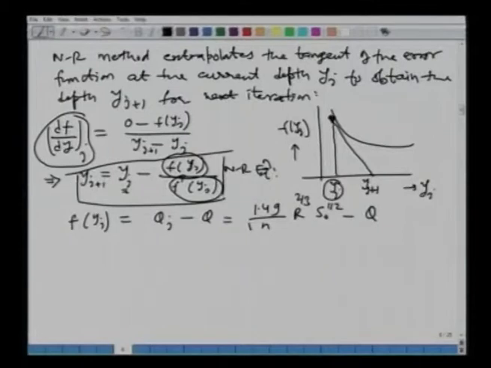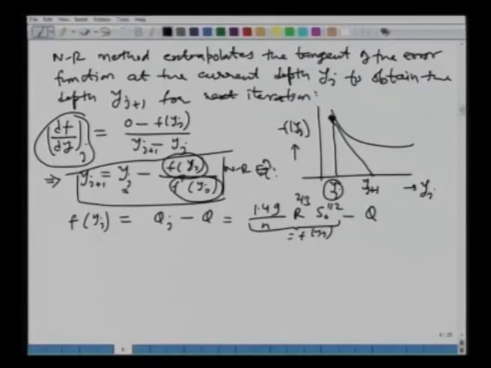So, that is some number, let us say 23.4 meter cube per second. That does not depend upon depth of flow. What depends is your Q j. So, this quantity is equal to a function of y j.